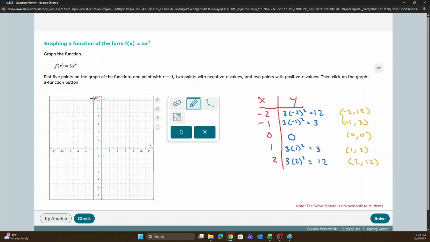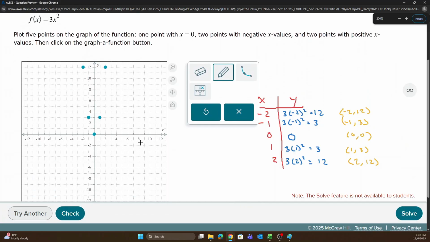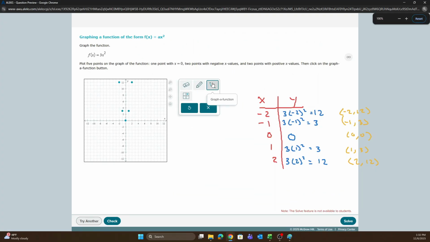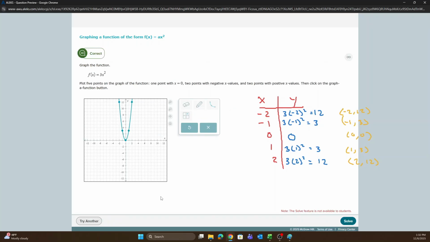So we've got -2, 12, and then 2, 12. We got -1, 3, 1, 3, and then 0 there. So you can see our graph here with the information we had over there. If we hit this button, it graphs it immediately for us by connecting the dots. Hit check, and we're good.